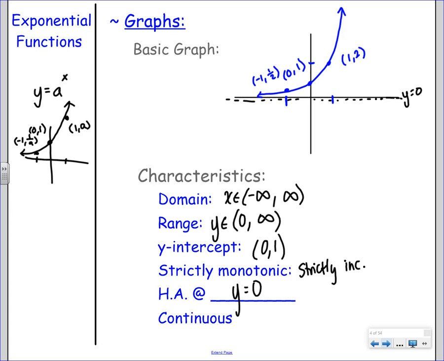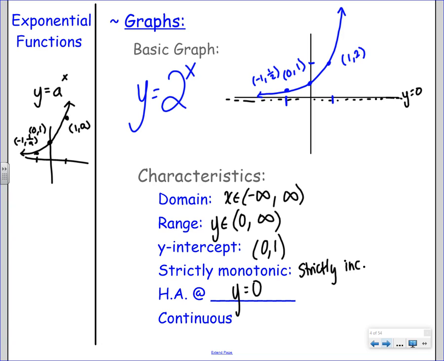I'm going to make this blue just for sake of illustration. Question, this is a parent function. What can we do to transform here? How do we change up functions? We can add or subtract to shift, inside or outside.